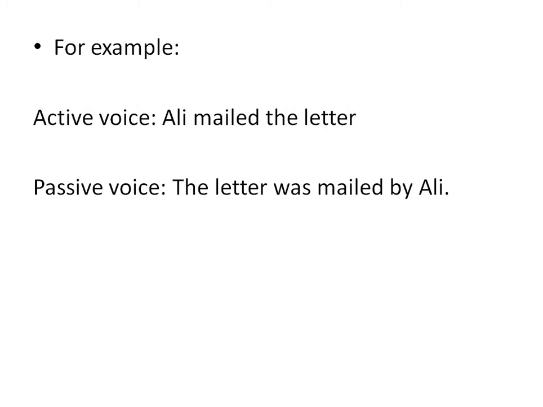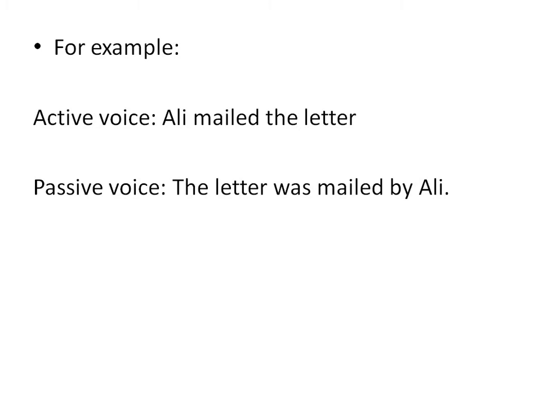Let's take an example. Ali mailed the letter. This is active voice. Ali is the subject. Mailed, the process of mailing, is the verb, the action, and the letter is the object. Mailing action has been done to what? To the letter. And who did this?